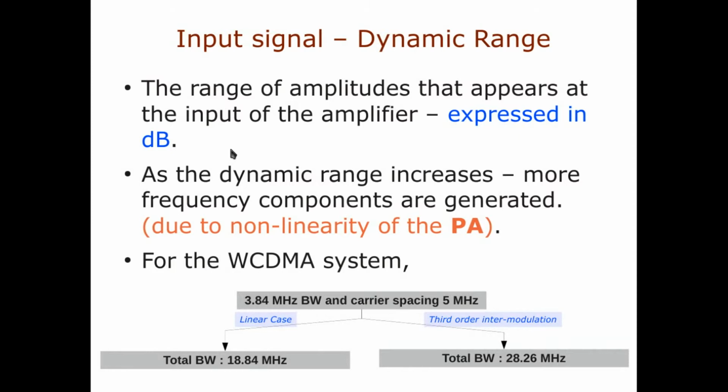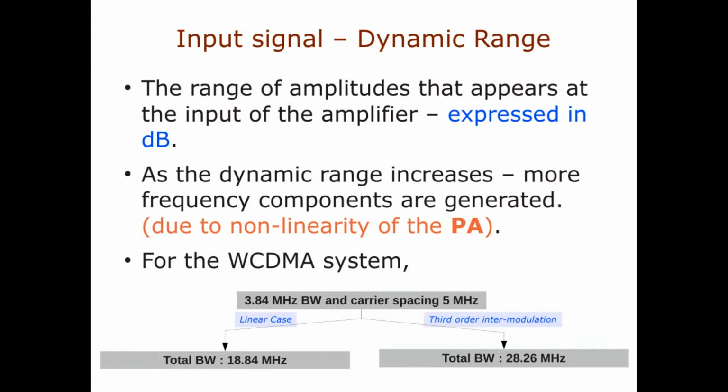So essentially the dynamic range is the range of values of the signal that appears at the input stage of the amplifier, or what is the range of amplitude, maybe in volts, at the input of the amplifier.